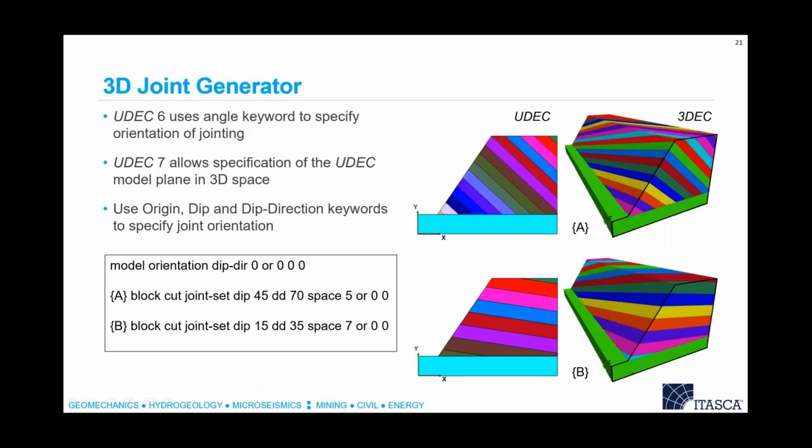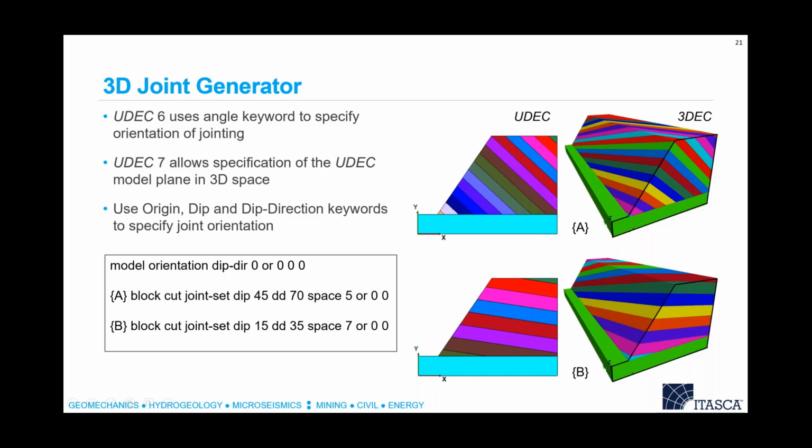So we have here a 3D joint generator in UDEC. UDEC 6 used angle keywords to specify the orientation of joint sets. UDEC 7 allows a specification in 3D space. So we're using origin, dip, and dip direction keywords to specify the joint orientation.